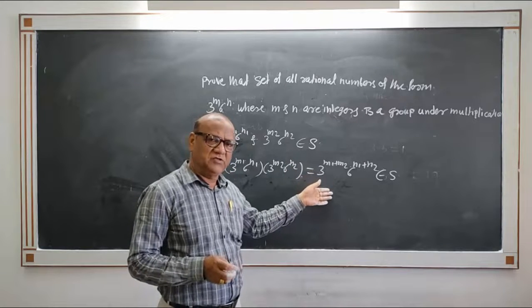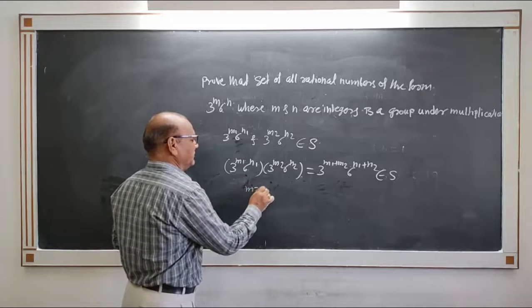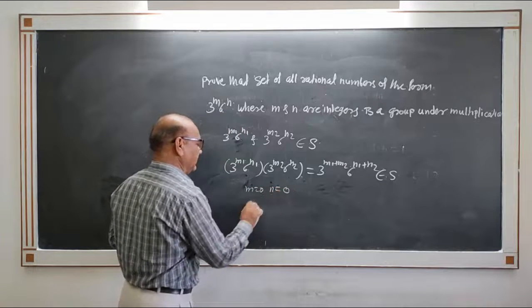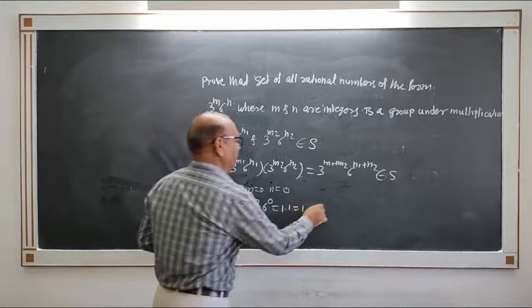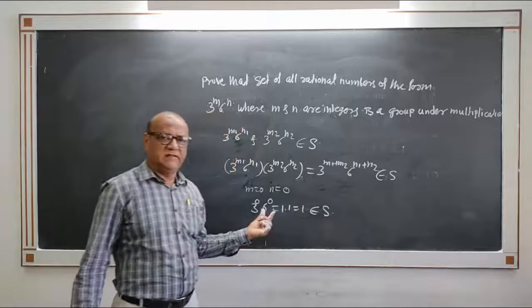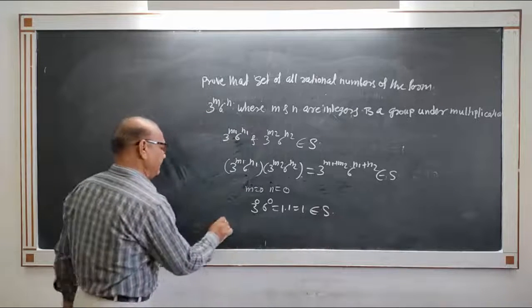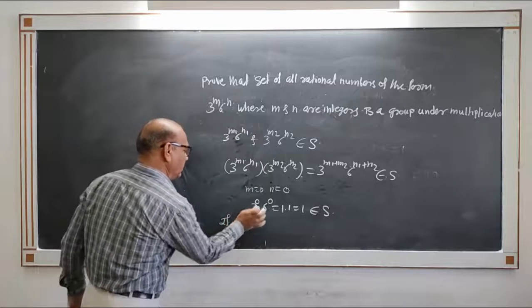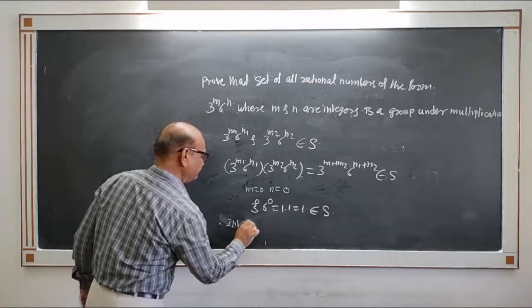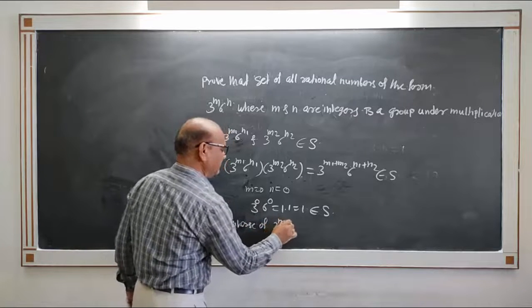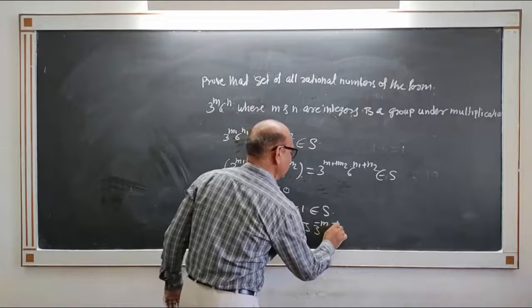Now multiplication is associative in rational numbers. Again, if m is equal to 0 and n is equal to 0, we get 3 raised to 0, 6 raised to 0, that means 1 into 1, and 1 belongs to S. The multiplicative identity exists in S. The inverse of 3^m 6^n is 3^(-m) 6^(-n).